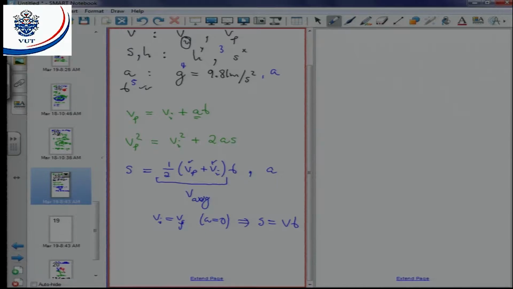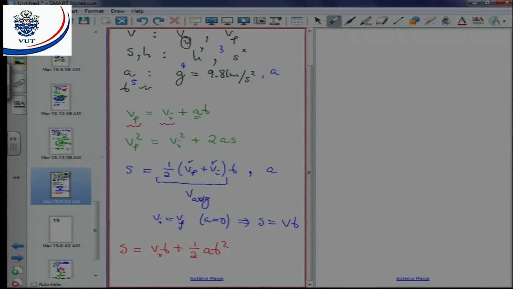Okay, and then finally we have the equation of motion which is s equals Vi t plus 1/2 at squared.